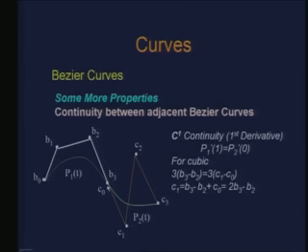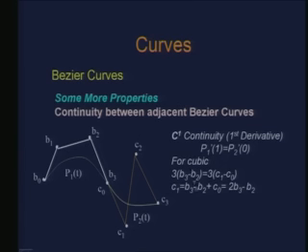The transition from one curve to the other curve is smoother, and in order to establish this, I would require the condition being satisfied that the first derivative at the last point of the first curve should be the same as the first derivative at the first point of the second curve.